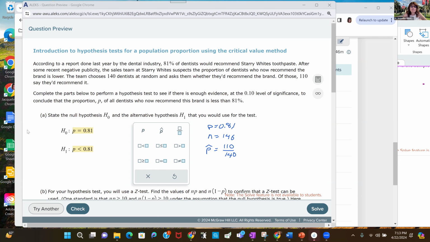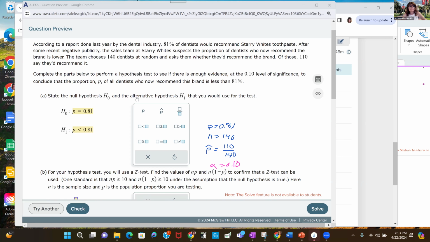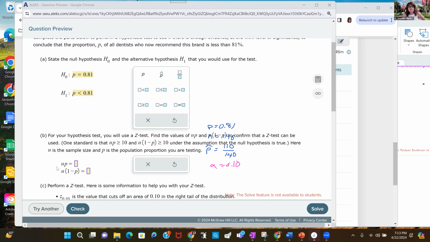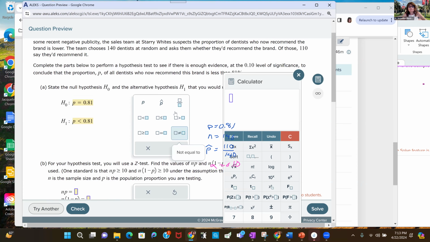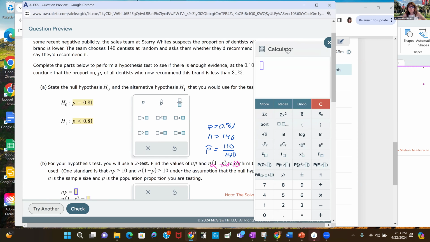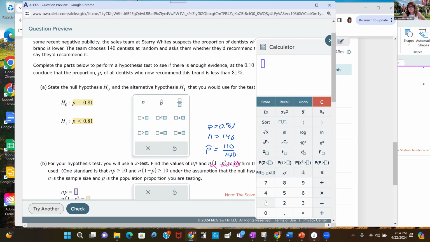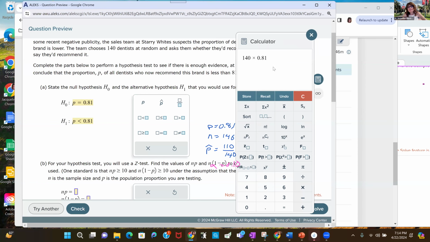And then you've got alpha of 10%. Okay. And so N times P, N is 140 times P is 81%.